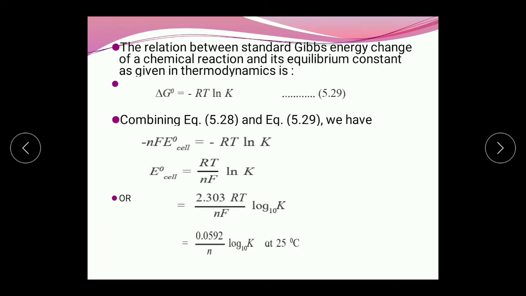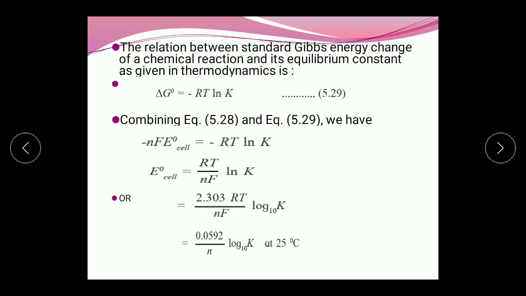Now, in thermodynamics, we learned that the relation between standard Gibbs energy change of a chemical reaction and its equilibrium constant is given as delta G0 equal to minus RT into ln K. What is K? It is the equilibrium constant. And delta G0 is the standard Gibbs energy change. And the relation between them is this. That is equation number 5.29.